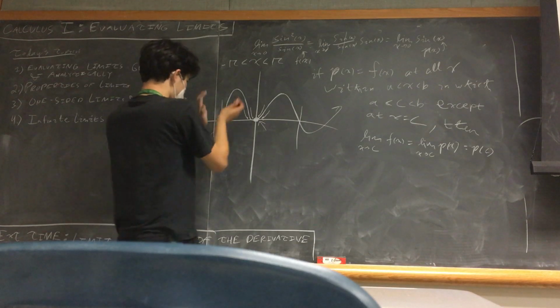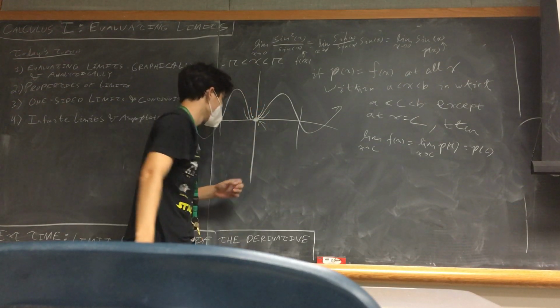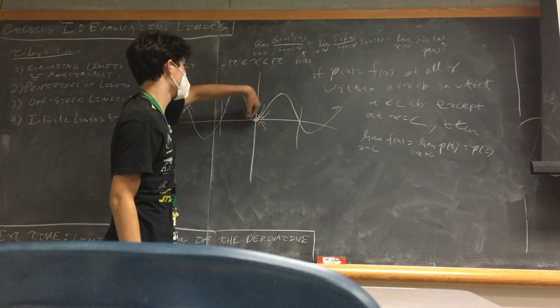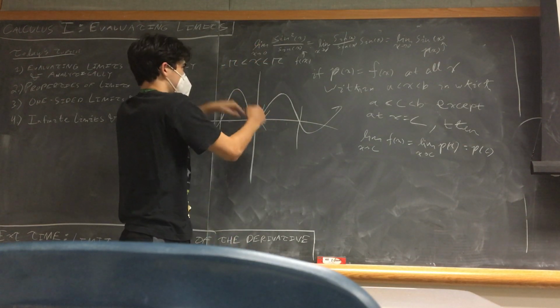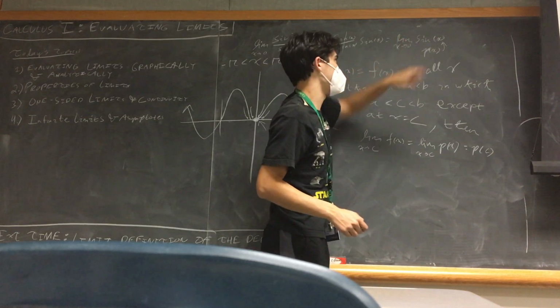So we can see that the behavior, as x approaches 0 to the left and to the right of this graph, is getting closer and closer to the same value that this function is, except this function is defined.